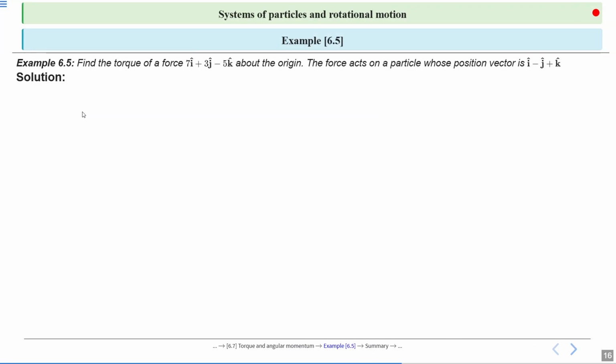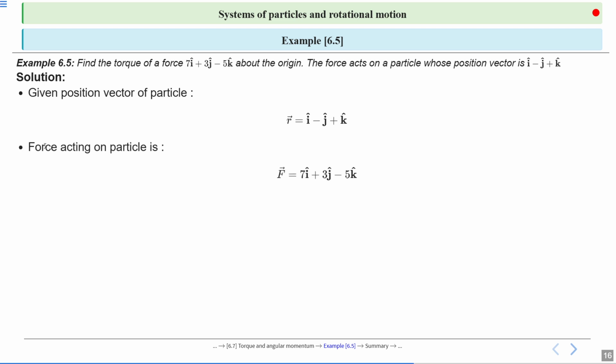The given position vector of the particle is r equal to i cap minus j cap plus k cap, and the force acting on the particle is F equal to 7i cap plus 3j cap minus 5k cap. Alright. Now using the formula tau equal to r cross F, we will find tau.